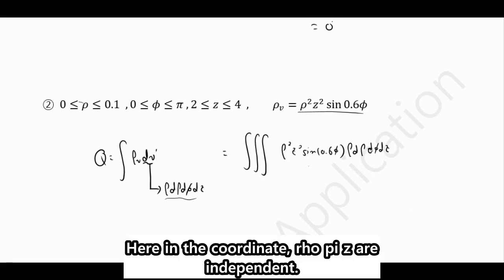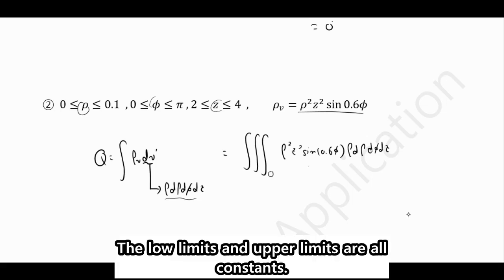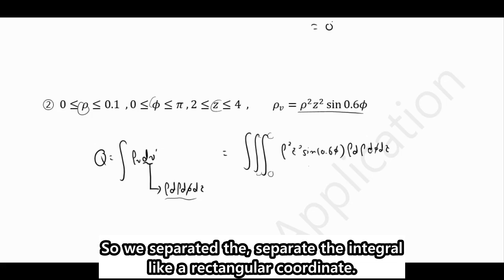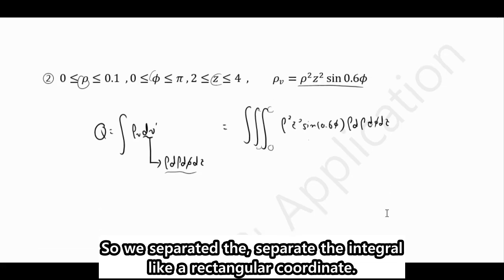In cylindrical coordinates, rho, phi, z are independent. The lower and upper limits are all constants, so we separate the integral like in rectangular coordinates.